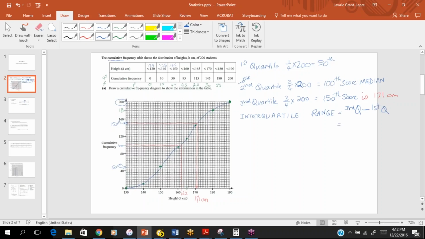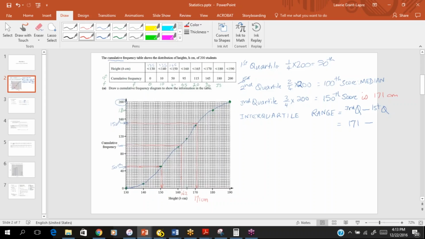Now the third quartile we found out is 171. What is the first quartile? Well, we go back here to the 50th score, which is in between the 48 and the 52 line. It goes pretty much to the graph, to about 150, 150 and a half.